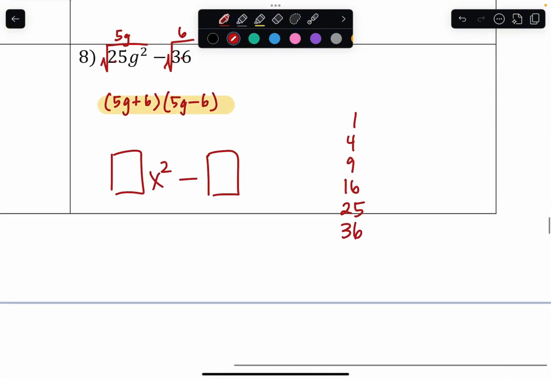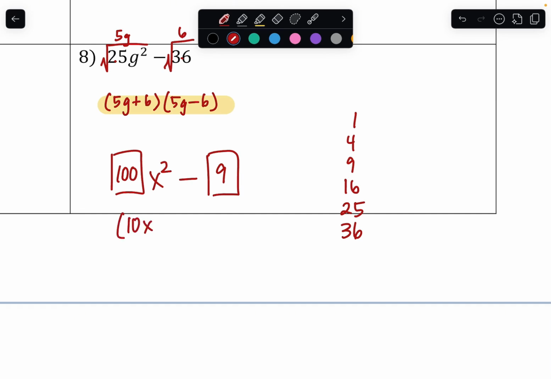And oftentimes they'll use numbers like 100 so that you can't really factor this. So let's say it was 100x squared minus 9. This would factor to 10x minus 3 and 10x plus 3.